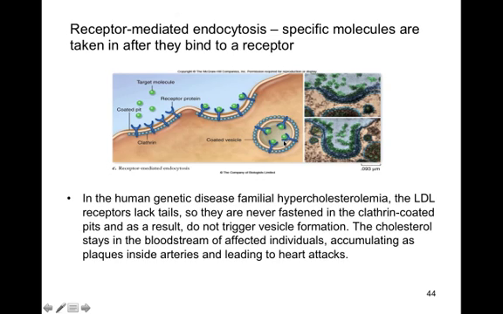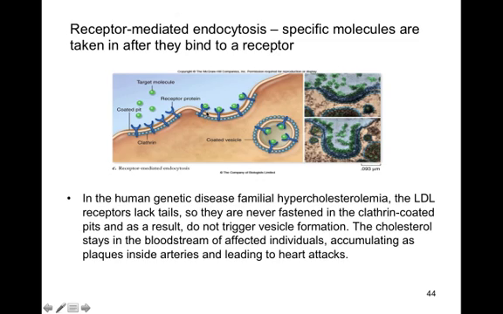In the human genetic disease of familial hypercholesterolemia, the LDL receptors lack any tails, so they never fasten to the clathrin-coated pits. So that is, these Y-shaped guys never actually fasten into the pits.